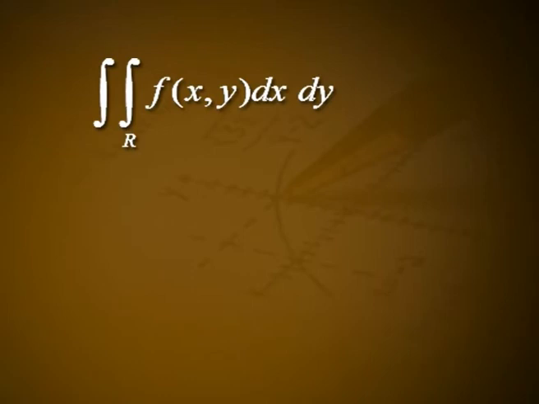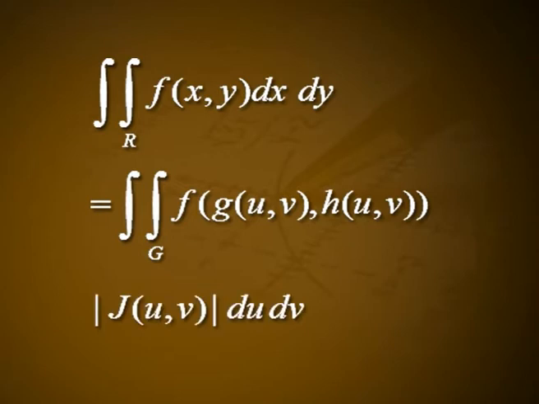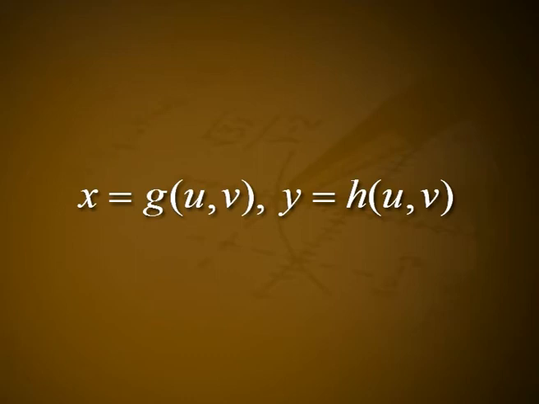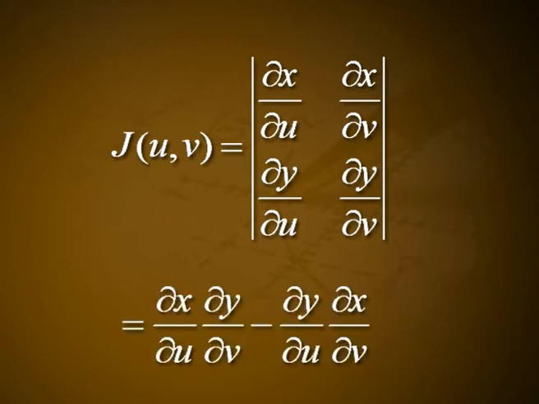Then double integral over R f of xy dx dy is equal to double integral over G f of g of uv, h of uv mod j of uv du dv, where the factor j of uv is the Jacobian determinant or Jacobian of the coordinate transformation x is equal to g of uv, y is equal to h of uv given by j of uv is equal to determinant dou x by dou u, dou x by dou v, dou y by dou u, dou y by dou v, which is equal to dou x by dou u into dou y by dou v minus dou y by dou u into dou x by dou v.